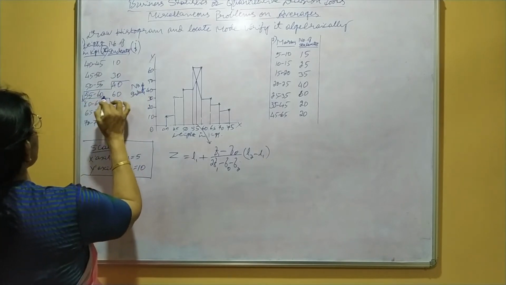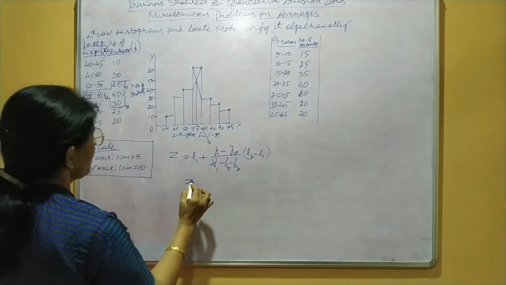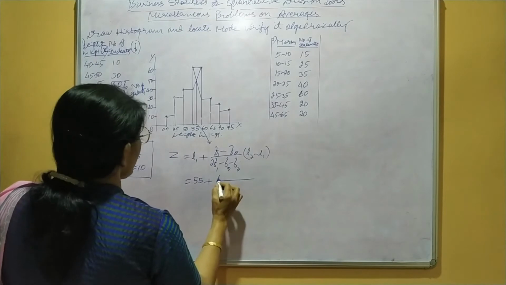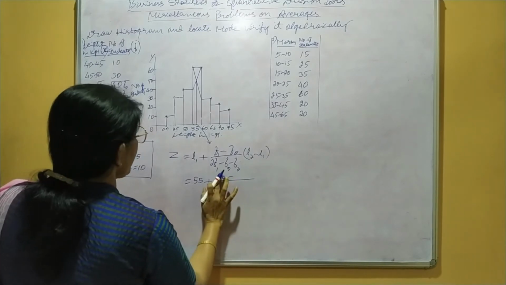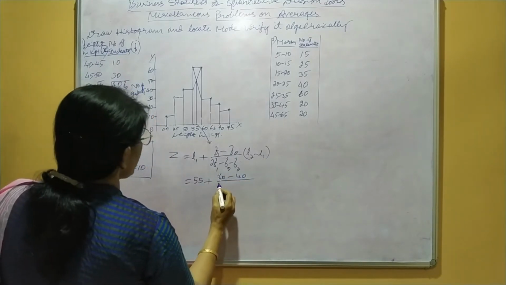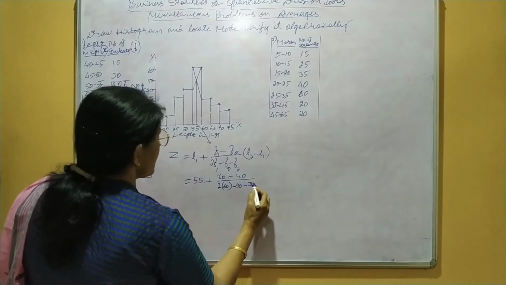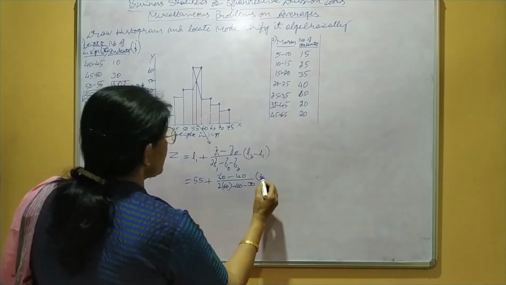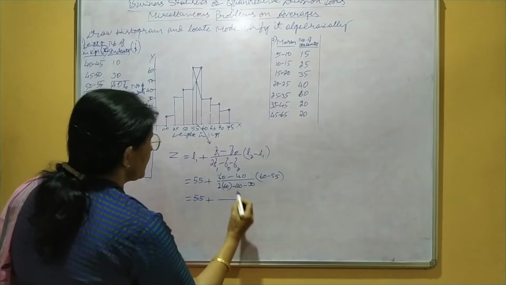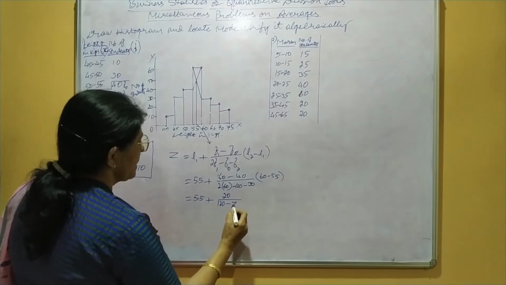Therefore L1 is 55, L2 is 60, f1 is 60, f0 is 40, f2 is 30. Z equals L1 55 plus (f1 60 minus f0 40) divided by (2 into 60 minus 40 minus f2 30) into (L2 60 minus 55).